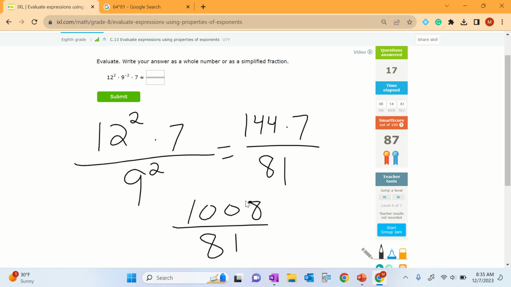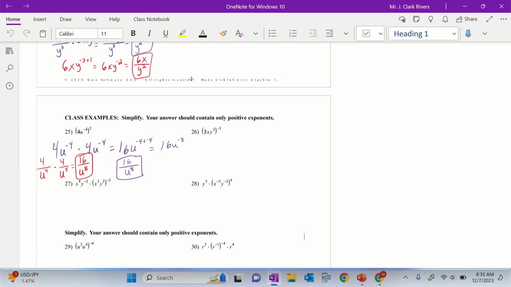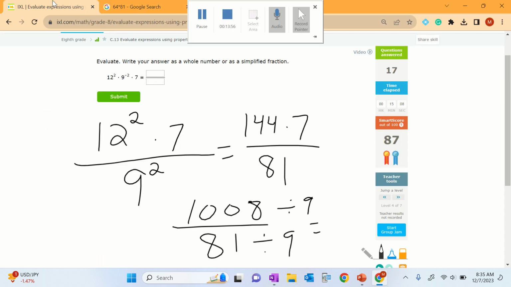I can also divide 1008 by 9, because 1 plus 0 plus 0 plus 8 is 9. So let's divide by 9 here and divide by 9 there. And when I do that, let's see here. So we're going to divide this by 9. That gives me 112. So we got 112 in the numerator over 81 divided by 9 is 9.